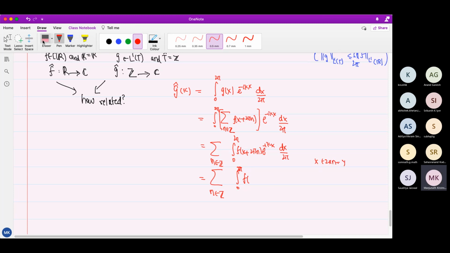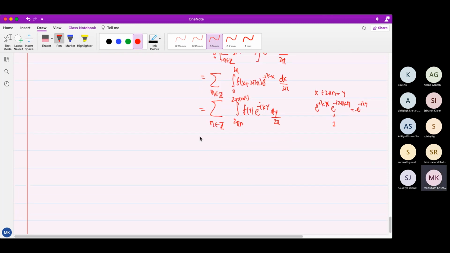Then y goes from not 0 to 2 pi, but 2 pi n to 2 pi n plus 1, as we did before. So y goes from 2 pi n to 2 pi times n plus 1. I have f of y, but I have e to the minus i k x, and e to the minus i 2 pi k n is equal to 1, so this is e to the minus i k y, because k times n is an integer. Everything is integer, so this is just e to the minus i k y dy over 2 pi.